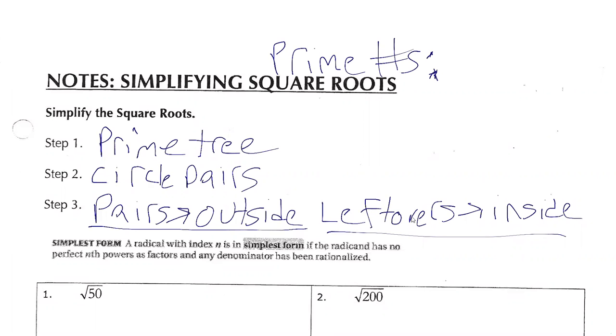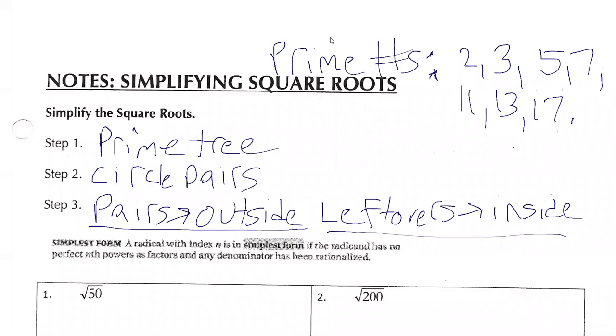I can't list all the numbers because there's an infinite amount, but some prime numbers, starting with the smallest ones, are 2, 3, 5, 7, 11, 13, 17, dot, dot, dot. It keeps going. But all of these numbers can't be broken down any more. The only thing that makes up 2 is 2 times 1. The only thing you could break down 3 into would be 3 times 1.